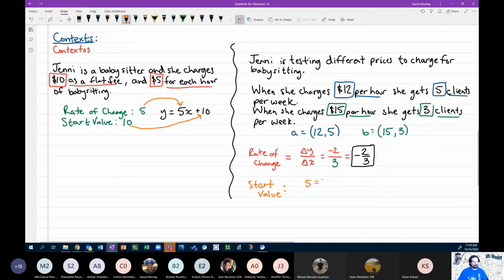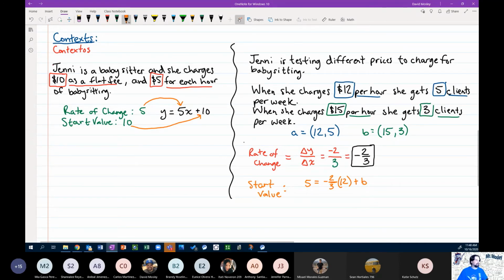La tasa de cambio, negativo 2/3. Tercios. No. 2 tercios. Okay. Y la valor 12 is replace X. Y más B. No sé qué es el valor de B, so B.